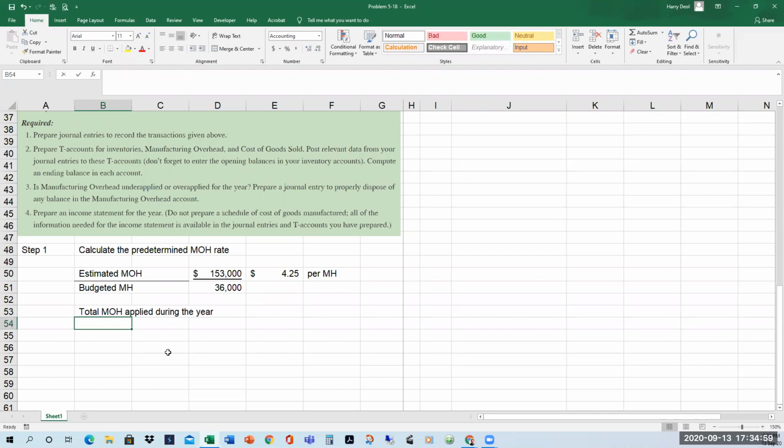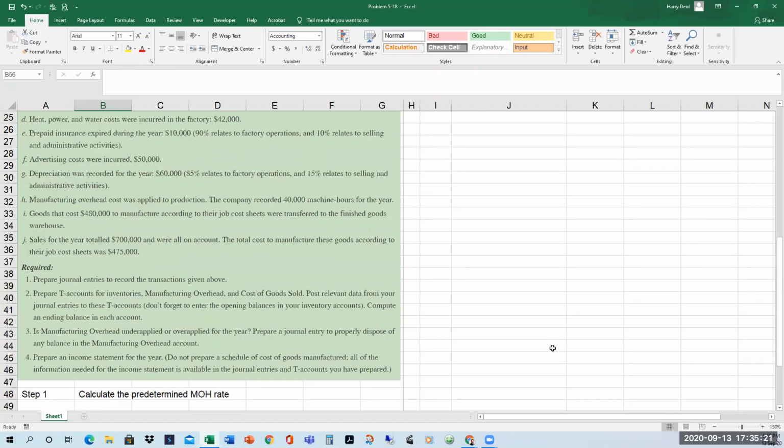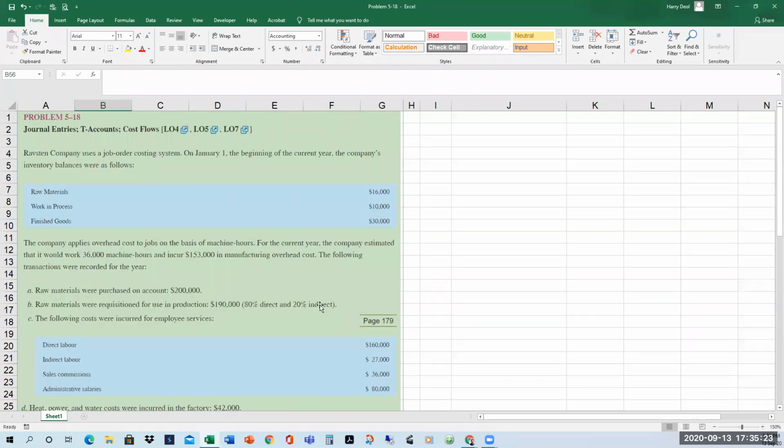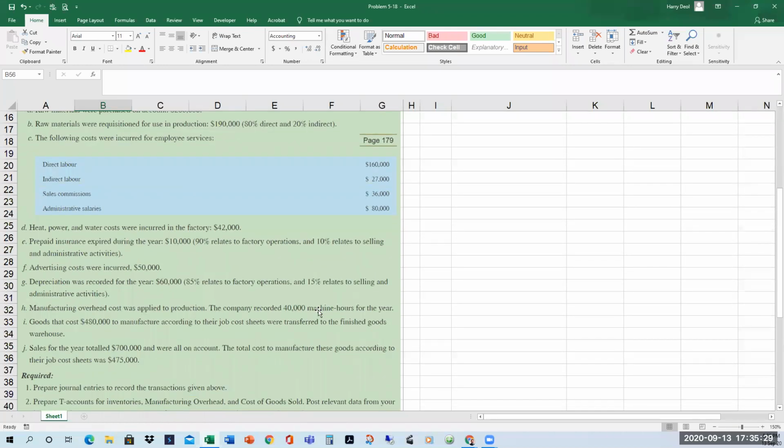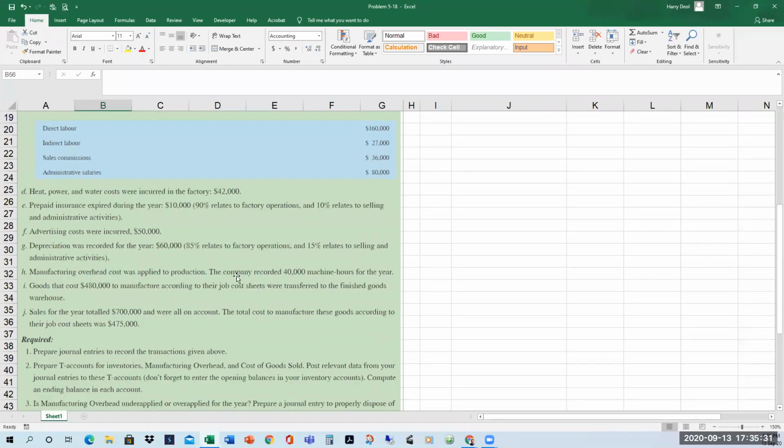is equal to the manufacturing overhead rate multiplied by the actual number of machine hours during the year. So we know that the manufacturing overhead rate was $4.25. We want to multiply that by the actual machine hours during the year. So if we go back to the information, skim read, we find that H says manufacturing overhead cost was applied to production.